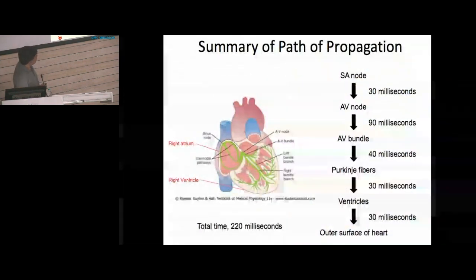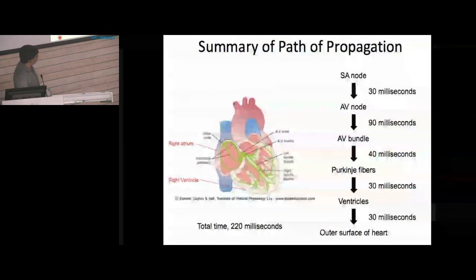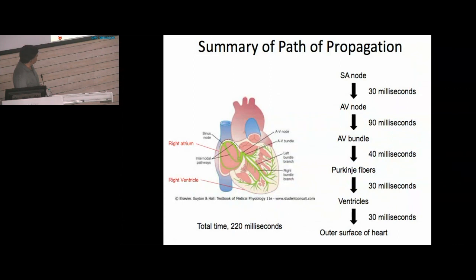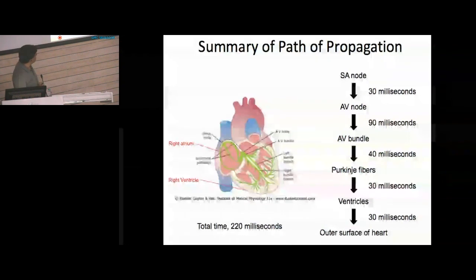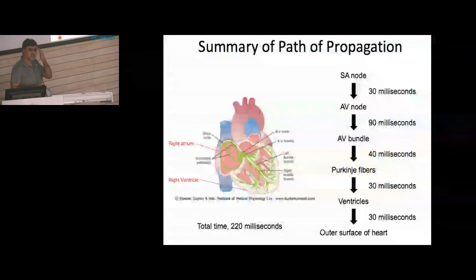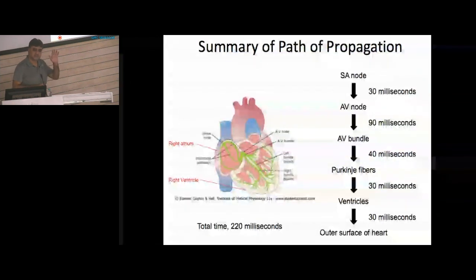So this will be your 0.03, 0.09, 0.04, 0.03, 0.03, or 30 milliseconds, 90 milliseconds, 40 milliseconds, 30 milliseconds, 30. Total time taken is 0.22 seconds, or you can say 220 milliseconds for the impulse from SA node to the last portion of the heart. And last portion of the heart to depolarize is the base of the heart. Is that okay?